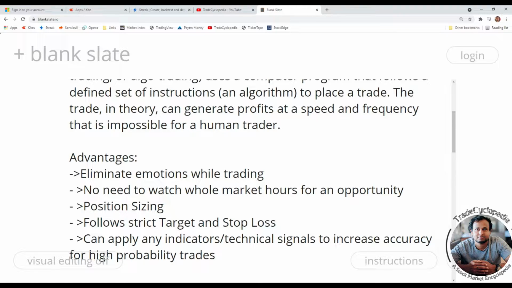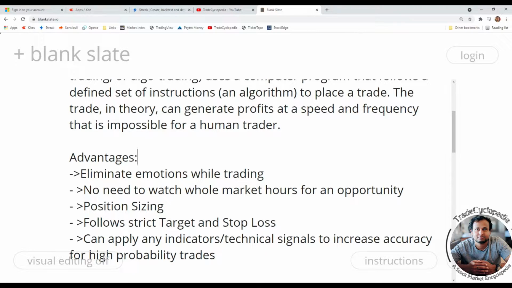You can specify your capital, you can specify your risk management potential, etc. And the system will automatically calculate how many quantities you need to buy, and it will take an entry as per that. And the next one is, as I said below, it follows a strict target and stop loss. Whatever we define, the system will exit at that specific stop loss level. It will automatically book the target or the profit when it reaches your levels.